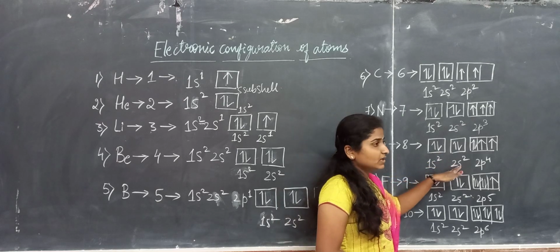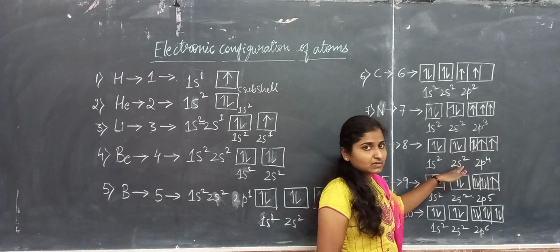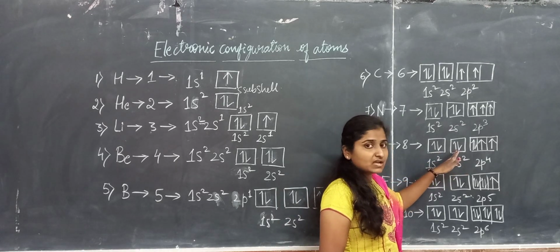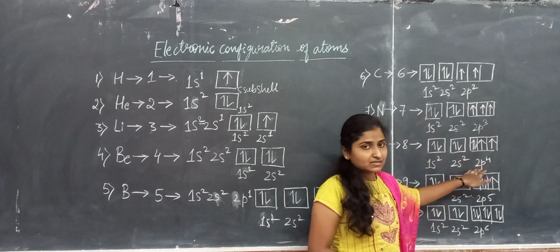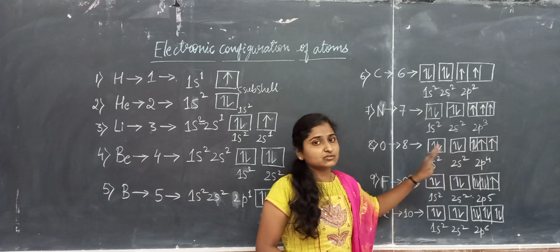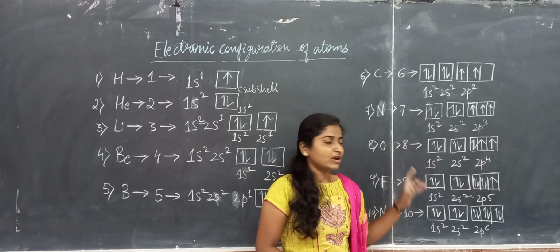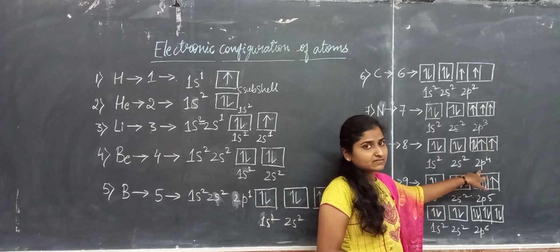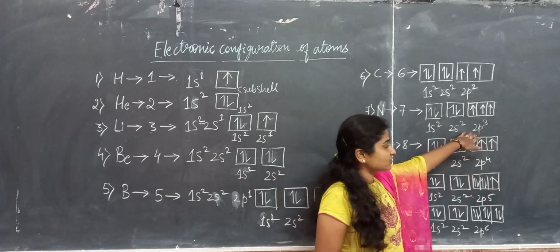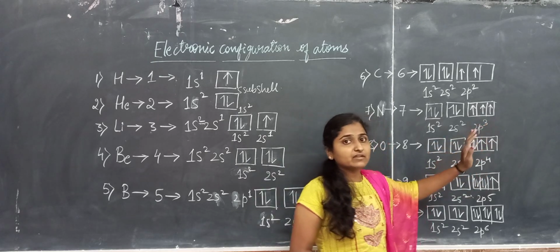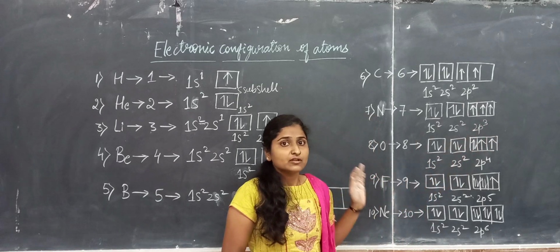Similarly, 2 electrons in the 2s orbital enter the 2s orbital with opposite spin. Here there comes a difference, that is we have 4 electrons in the 2p orbital. So we have to remember that pairing starts with the 4th electron. In the case of 3 electrons in the 2p orbital, we should not pair up the electrons due to the rules.